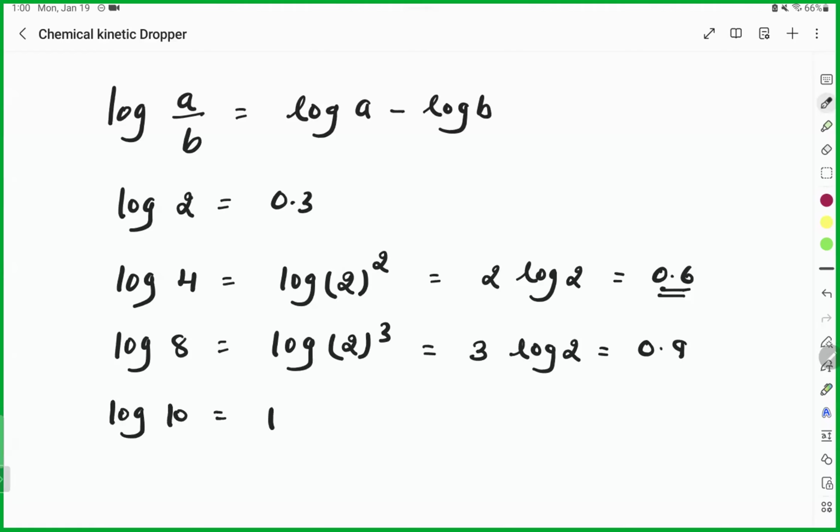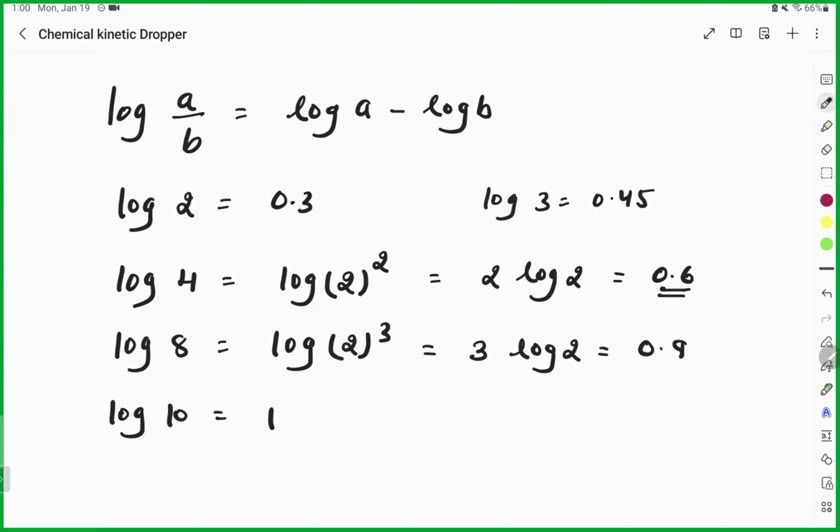Imagine if you want to calculate the log 3 value, between 2 and 4, it will be approximately, even I don't know the value. In between, if you take, it will be around 0.45. Correct?